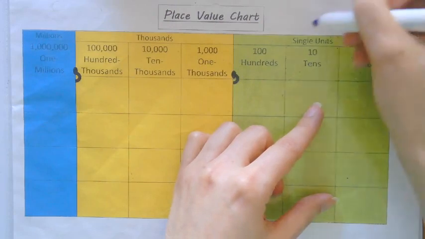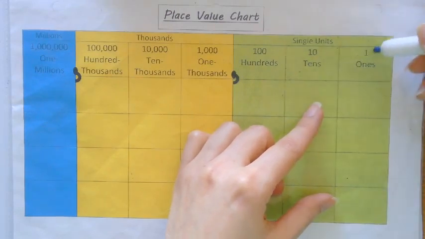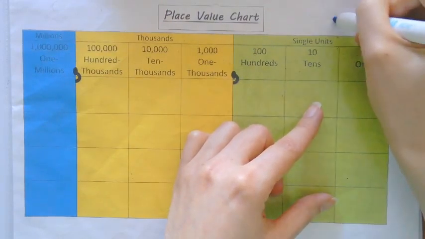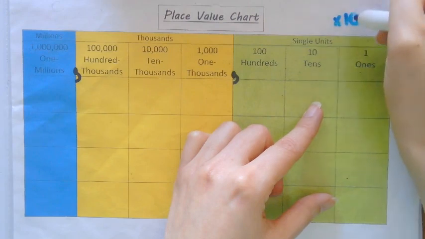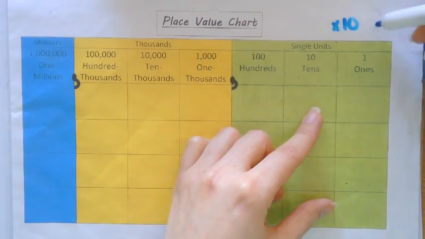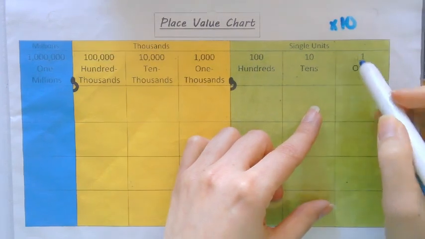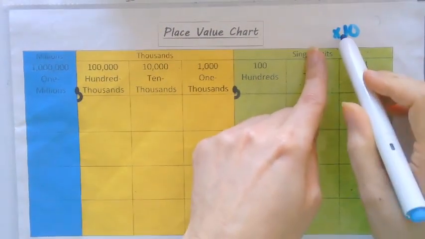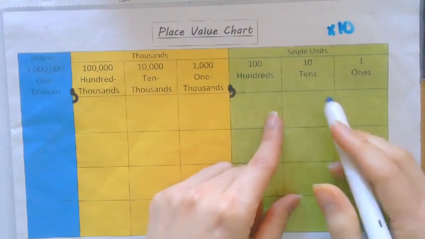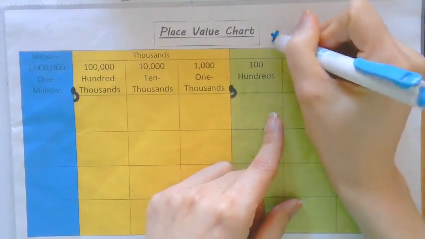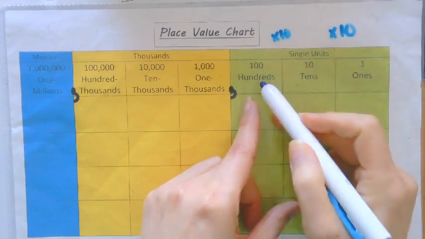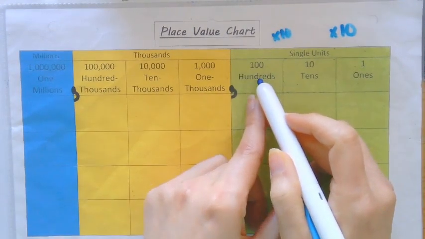So every time I go from one place value to our next higher place value, going from 1 to 10, all you're doing is multiplying 1 times 10 to get you 10. Okay? 10 times 10 going to our hundreds place will give you 100.